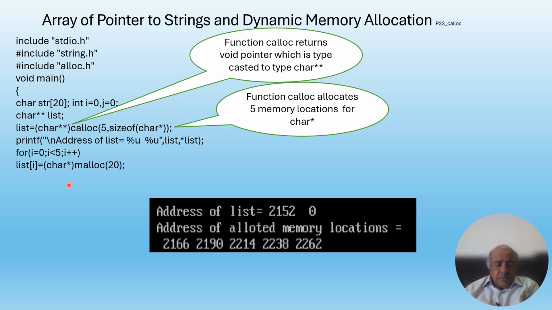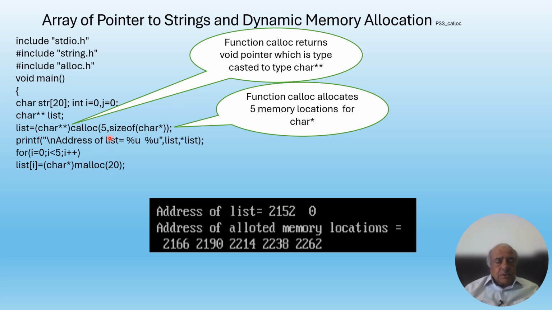We can allocate memory to every element of list by using malloc functions, which we have shown here. list[i] is equal to (char *) malloc(20). Here we are using the calloc function. Here we are using the malloc function. These two functions are used for allocation of memory dynamically in C programming. We can see the difference between these two functions.